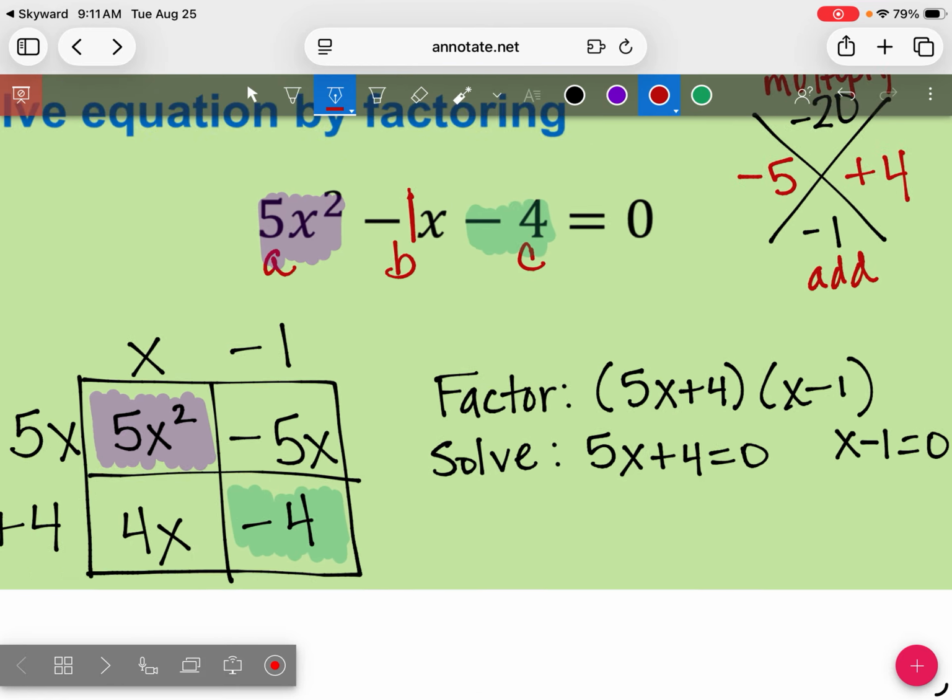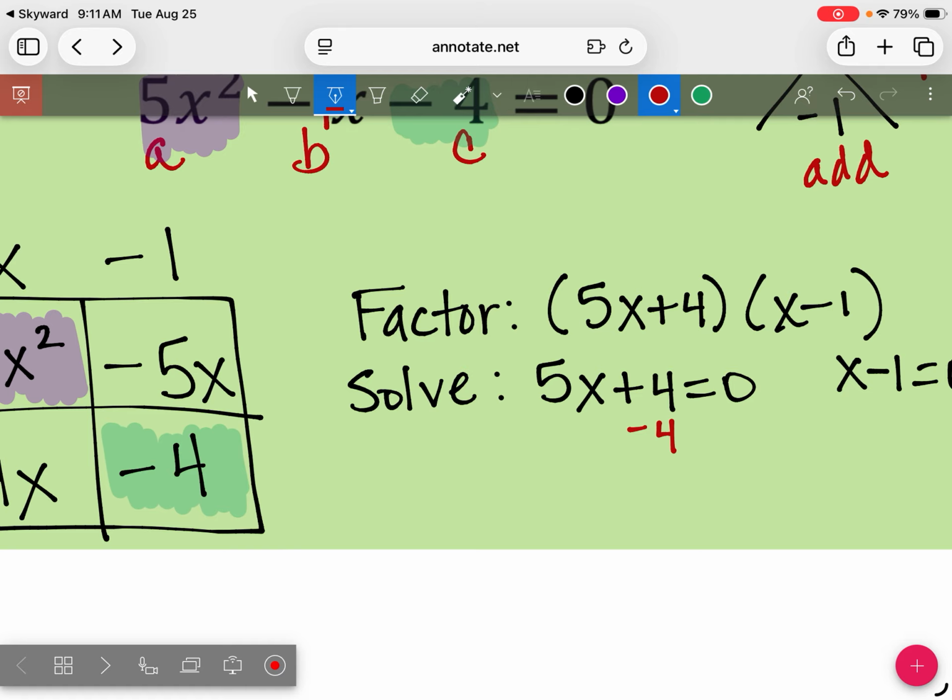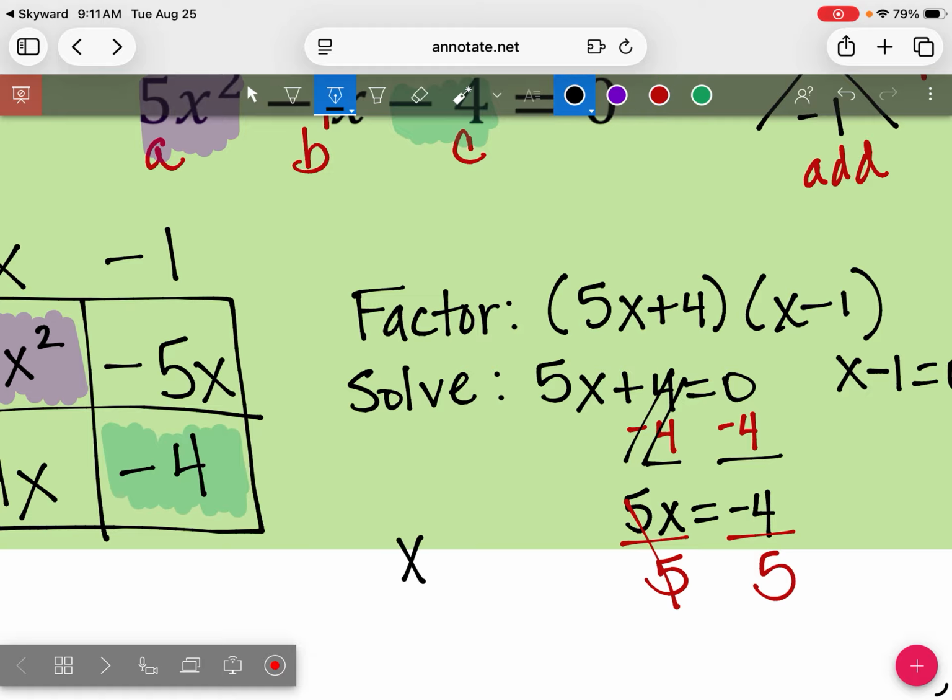For this first one, I have to subtract 4, so that would be 5x equals negative 4. And then I have to divide by 5. So I'm just going to leave it as negative 4 over 5.